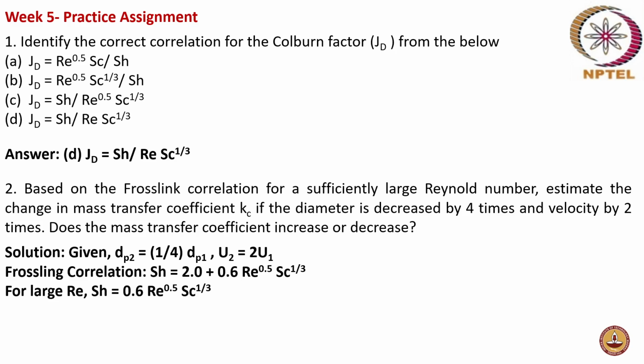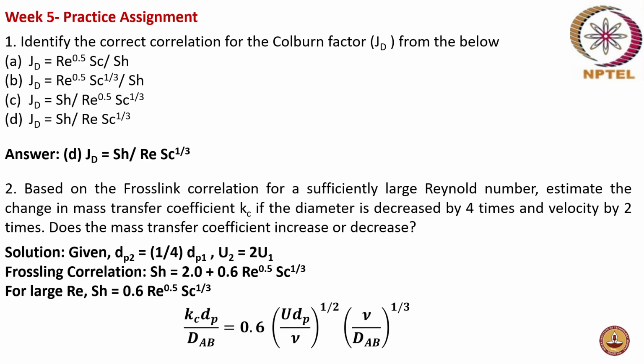There is one more piece of information given: the Reynolds number is sufficiently large. So in the Froessling correlation, we can eliminate this 2 since the Reynolds number is sufficiently large. So the correlation now becomes Sherwood number equal to 0.6 into Reynolds number power 0.5 multiplied by Schmidt number power 1 by 3.